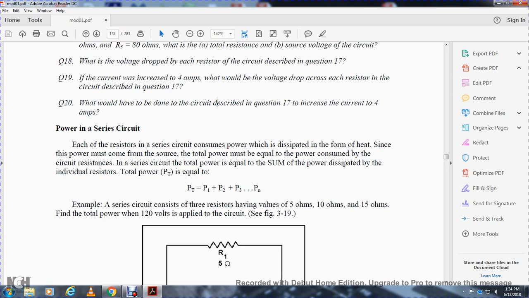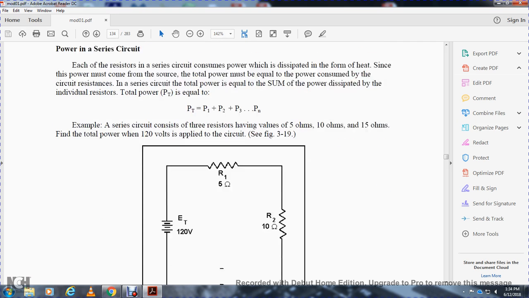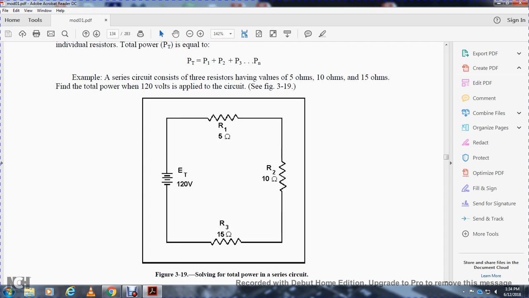For example, a series circuit consists of three resistors with values of 5 ohms, 10 ohms, and 15 ohms, with 120 volts applied to the circuit.